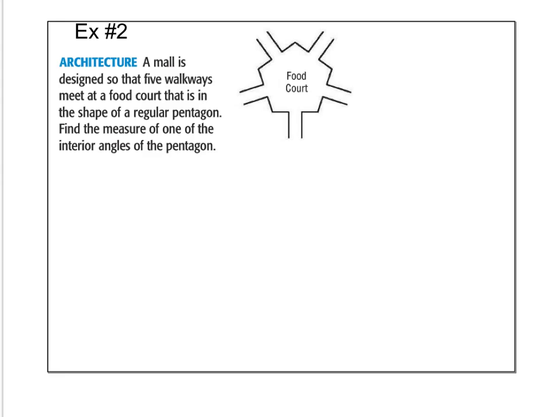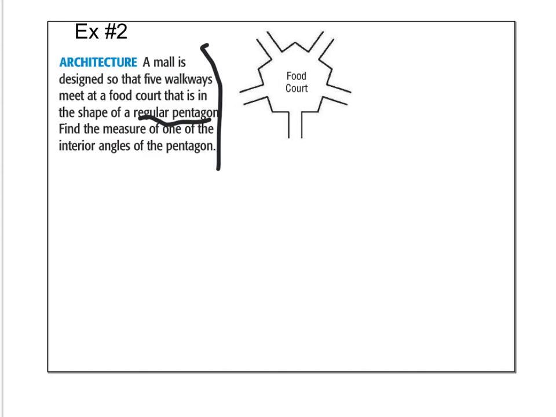So here's example 2, and this deals with a regular pentagon, meaning all sides and all angles are the same. Reading this: a mall is designed so that 5 walkways meet at the food court that is in the shape of a regular pentagon. Find the measure of one of the angles.